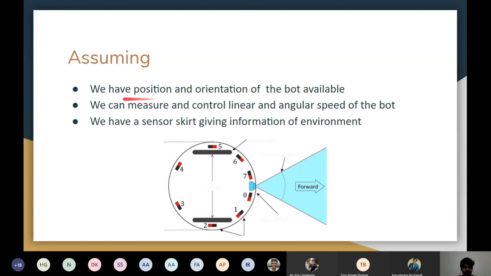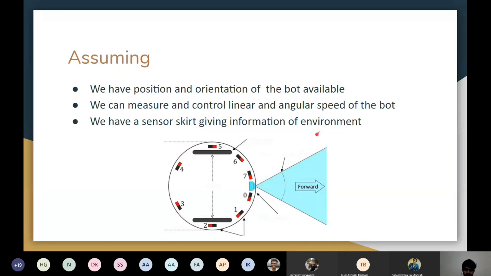Okay. Next is we can measure and control. As I told you, we'll be controlling linear speed and angular speed. So we'll assume that we are able to control it through our microcontroller. At the same time, we are able to measure it for being able to take it into a feedback loop.